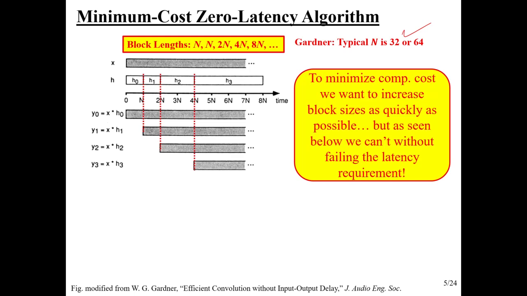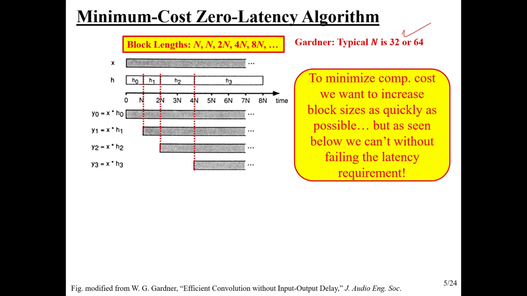So let's look at this decomposition. This is what Gardner called the minimum cost zero latency algorithm. What he argued was that with this decomposition, you can still get zero latency, and it is the one decomposition that will give you the smallest cost, the smallest number of multiplies and computational complexity.